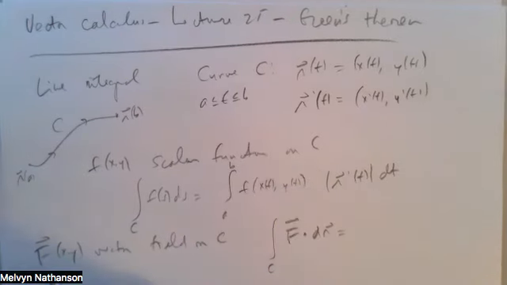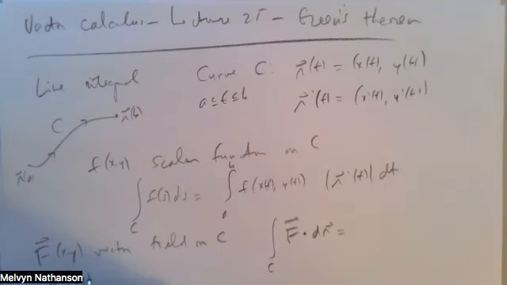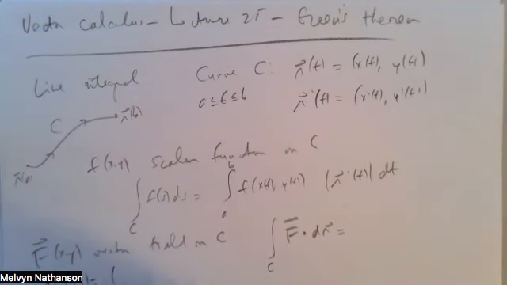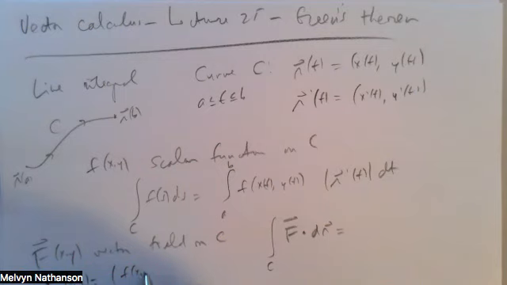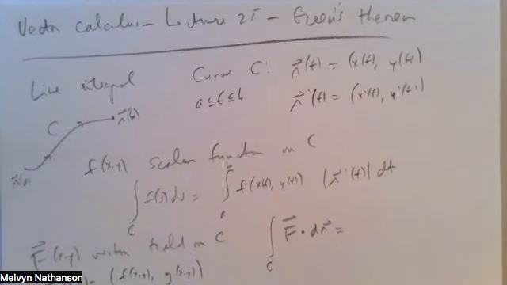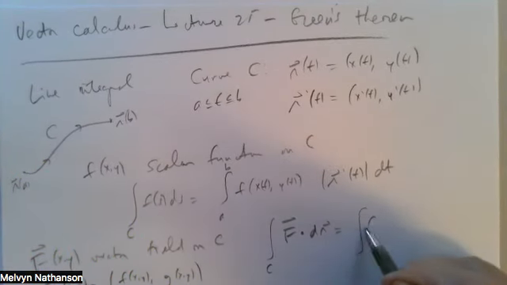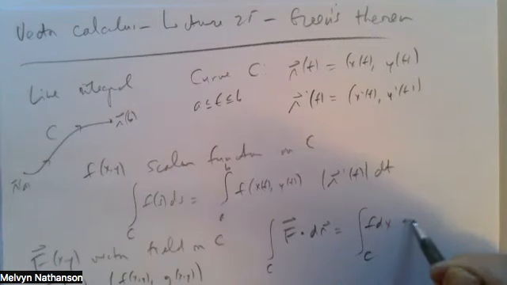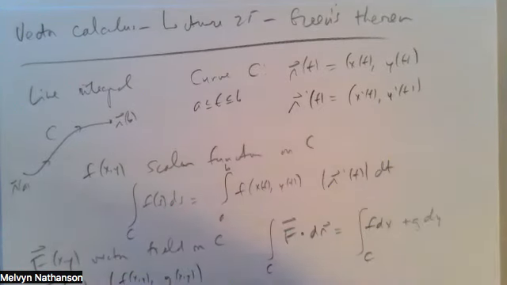It's a vector field, so it has a function f of x y as its first coordinate, g of x y as a second coordinate. There's kind of a pretty shorthand for this, which is the integral f dx plus g dy.